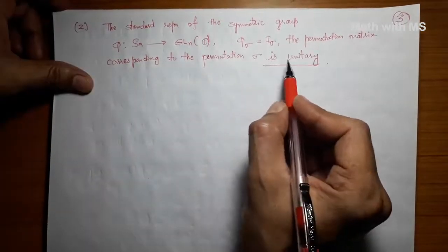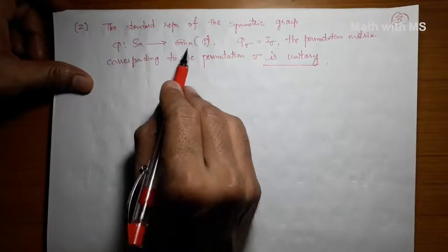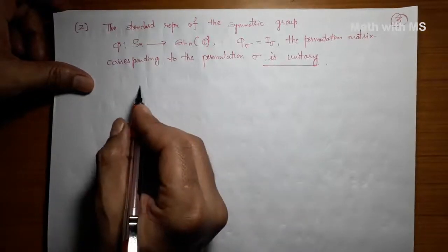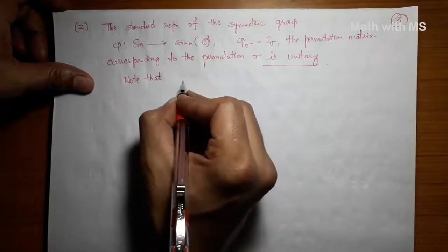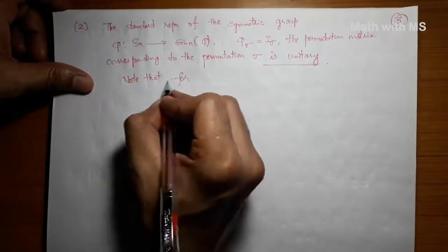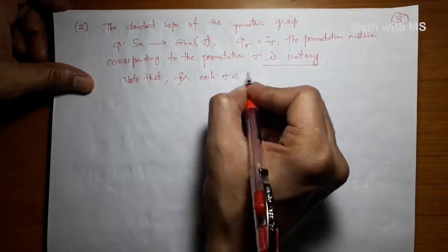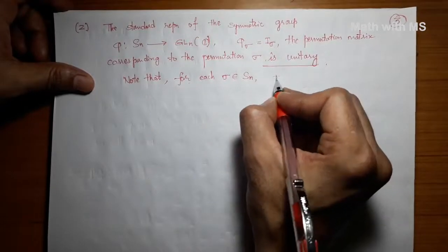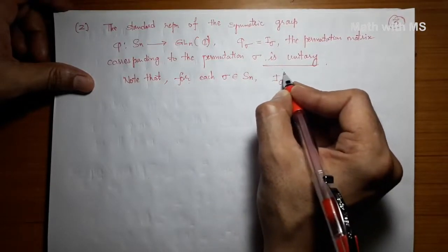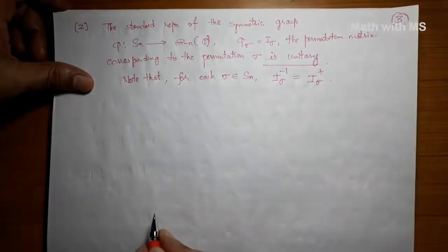What do you need to show that it is unitary? You need to see that the image of each group element actually is a unitary matrix. Note that for each sigma in the symmetric group S_n, phi(sigma) inverse is just phi(sigma) transpose.